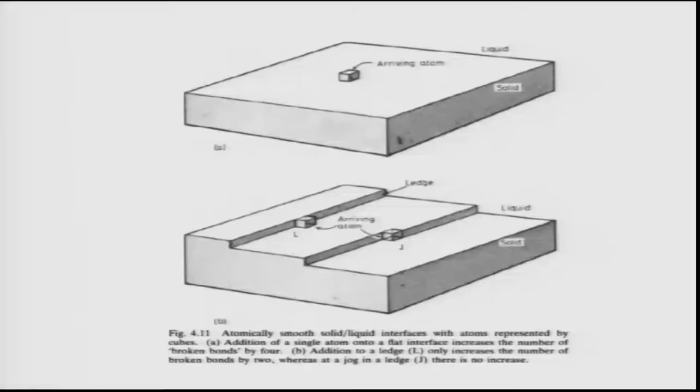So if I have a step created on the surface, which is shown as a ledge here, now consider the situation here and there. Here the atom sits, it can satisfy at least 2 bonds, if not more. But in the first situation here, the atom can satisfy only 1 bond, that is because it is in touch with the bottom surface of the solid.